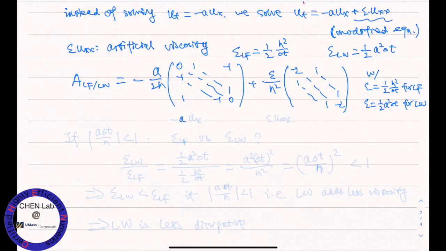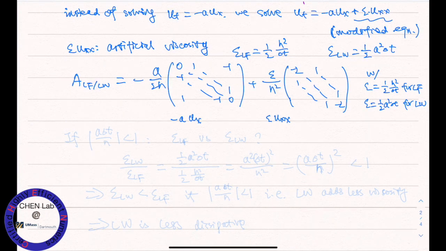This part is negative a u_x, and this part is epsilon u_xx. We're going to derive the eigenvalues of this matrix in detail in the next lecture.